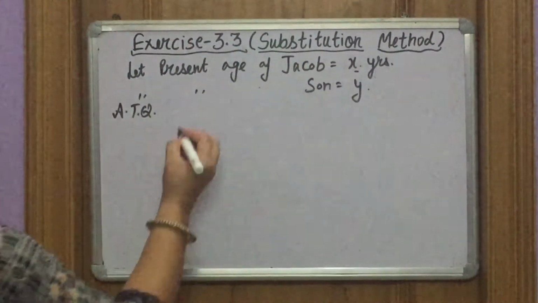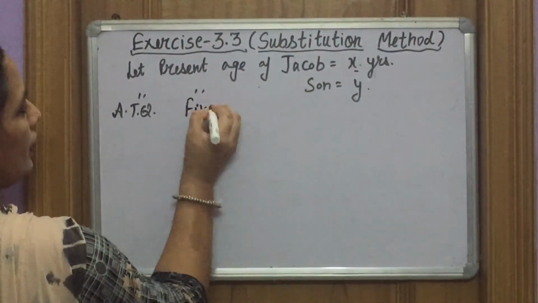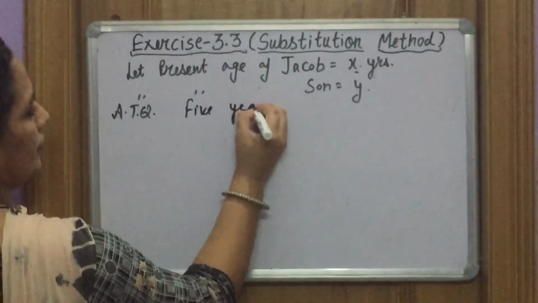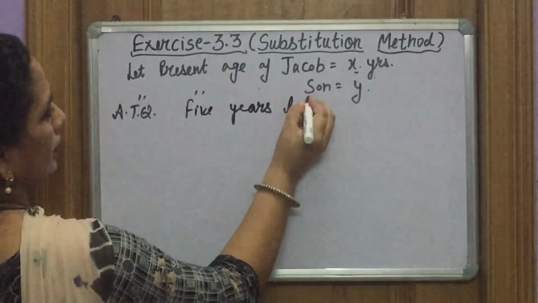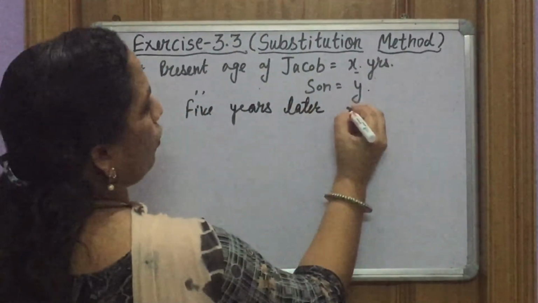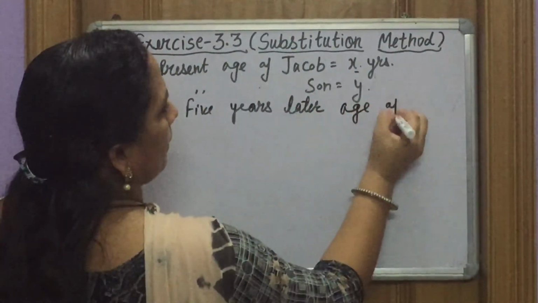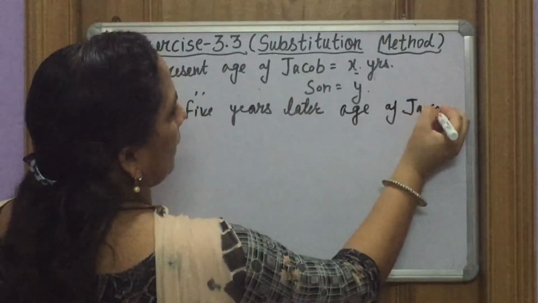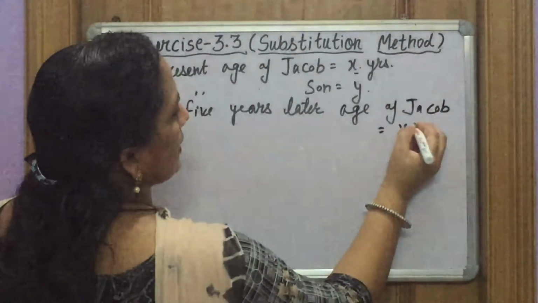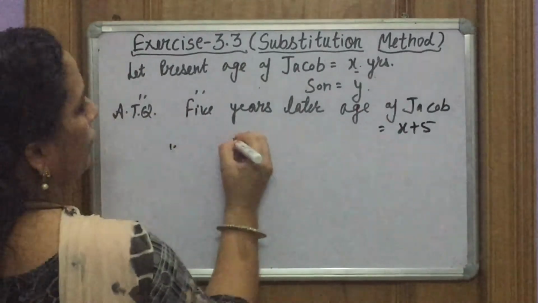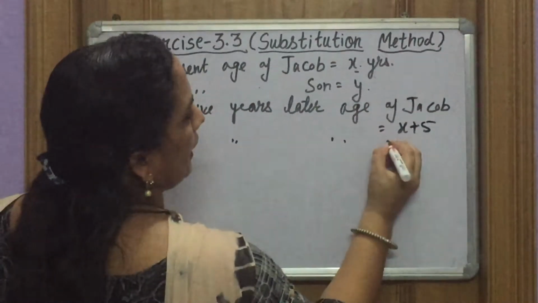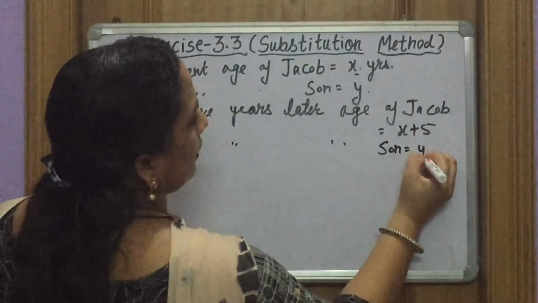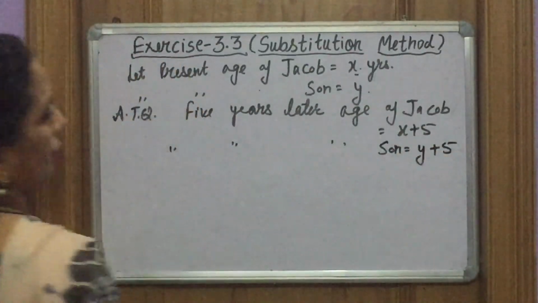So according to the question, 5 years later, the age of Jacob will be x plus 5. Similarly, 5 years later, the age of his son is y plus 5.